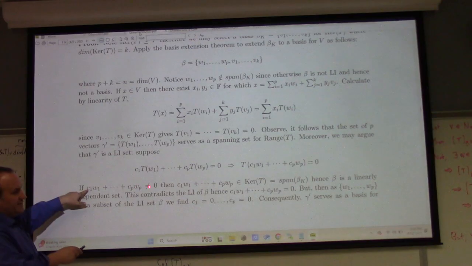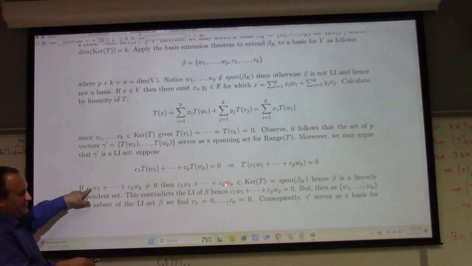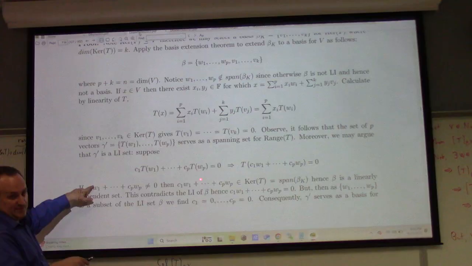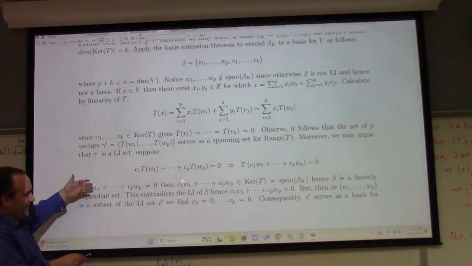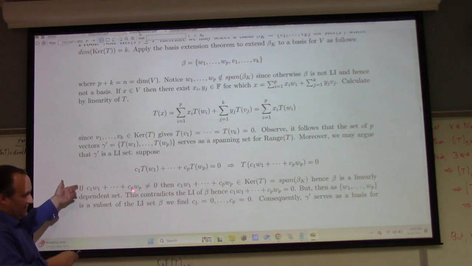Now, if it's non-zero, that's a problem because then you're building these things in the kernel from that, which means there's linear dependence amongst the kernel basis and the rest of the basis, which violates the linear independence that we supposed of beta. So that can't happen. So it must be that this is 0.